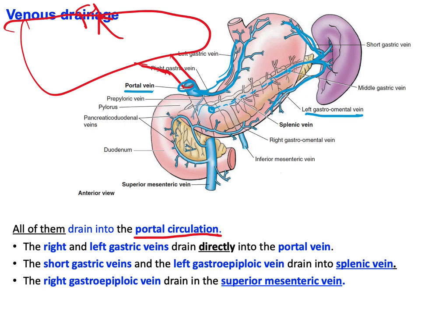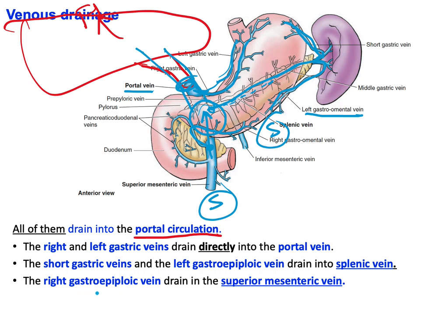But now the right gastro-omental drains into the superior mesenteric vein. Now the superior mesenteric vein and splenic vein, S and S, unite behind the neck of the pancreas to form the portal vein that drains into the liver.